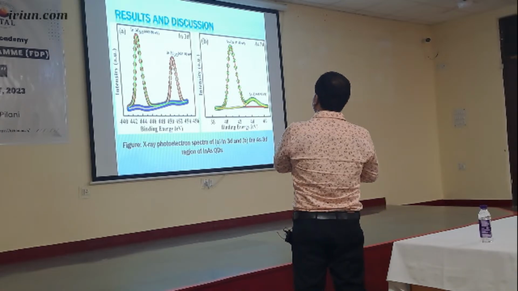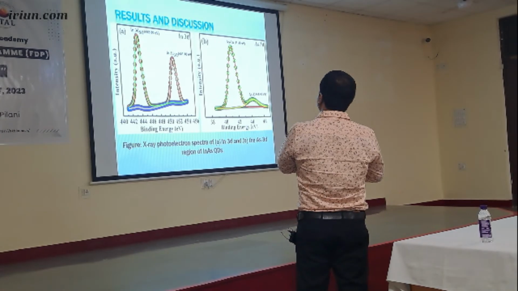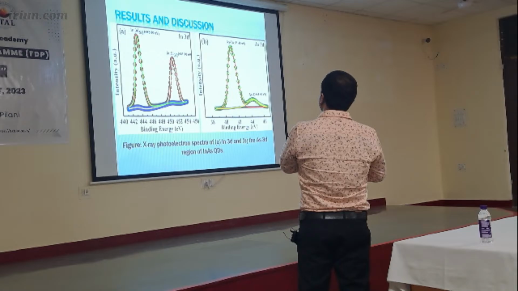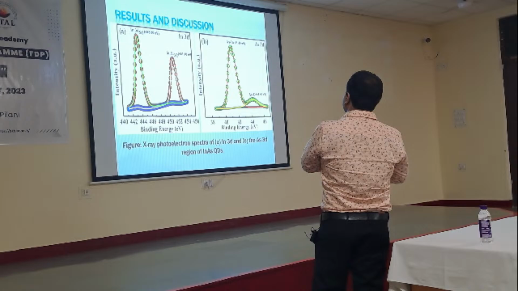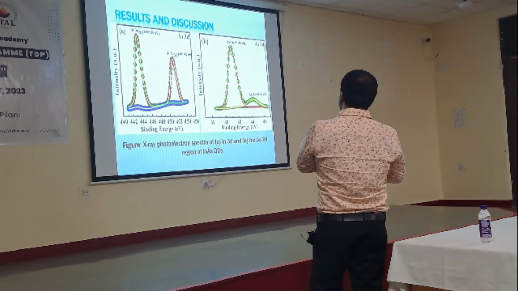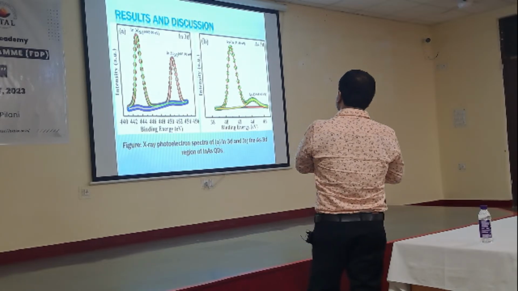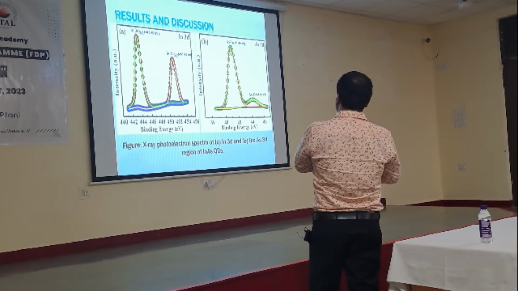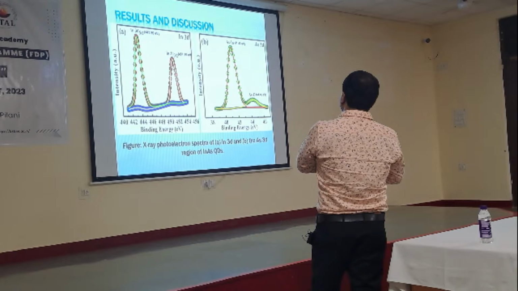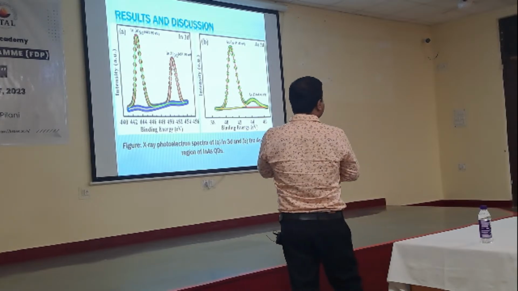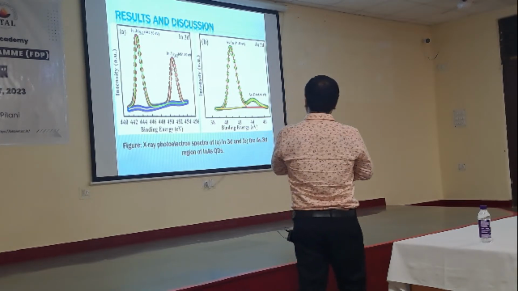You see indium 3d 5/2, this peak at 440.3, and here the orbital splitting takes place, so two distinct peaks arise. This peak corresponds to indium 3d 3/2, and 443 is responsible for indium 3d 5/2. So this confirms that your material is indium, nothing else.